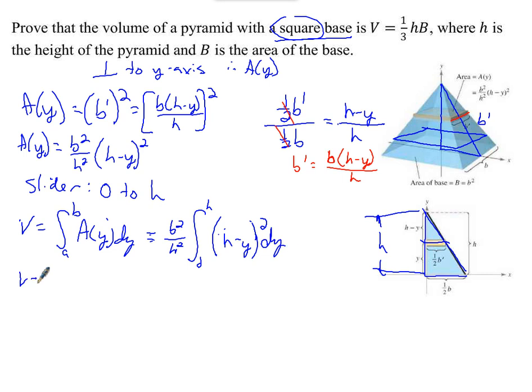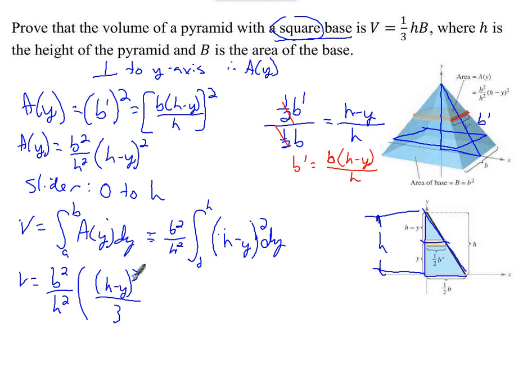So V equals. Now we have to integrate. We still have b squared over h squared times, in parentheses, h minus y to the third power over 3. But we need a negative here because of the undoing of the chain rule.